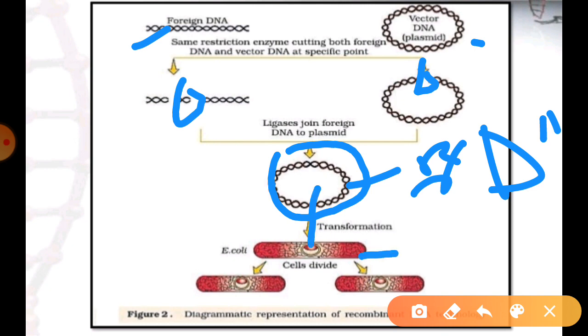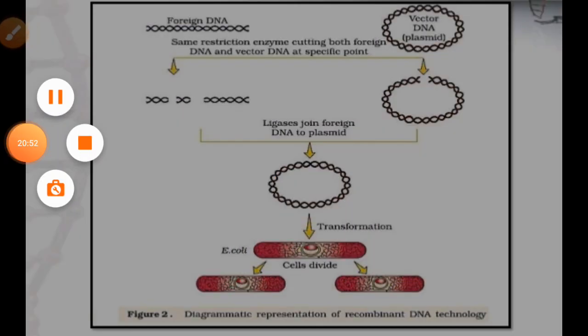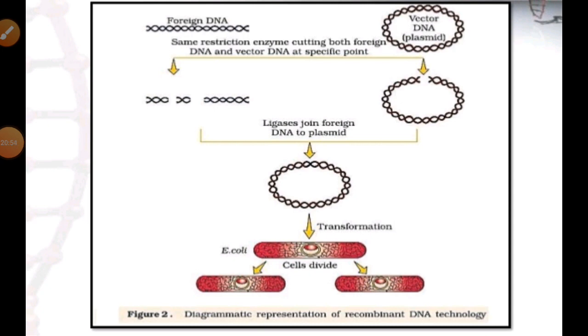This process of hosting is known as transformation, and when the cell starts to develop, grow and divide, we get a large amount of this recombinant DNA, which we can take and utilize in biotechnology and genetic engineering in different ways. So this is the mechanism of biotechnology, students.